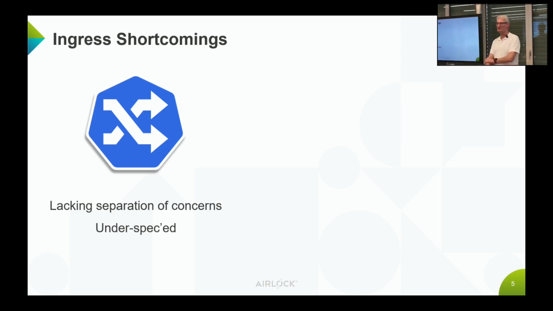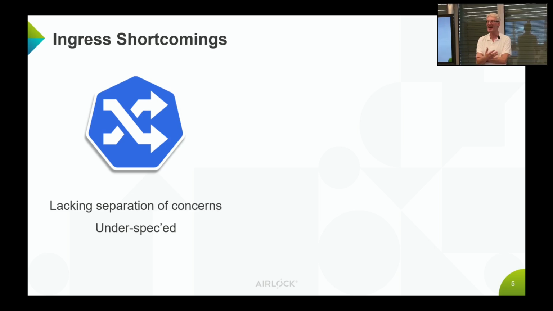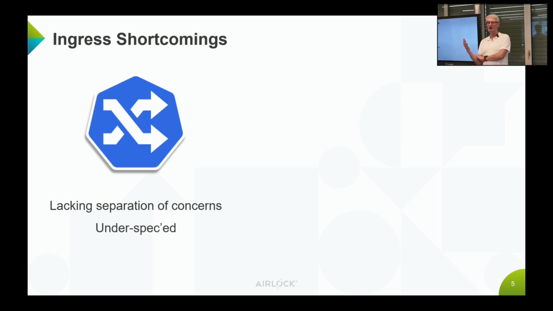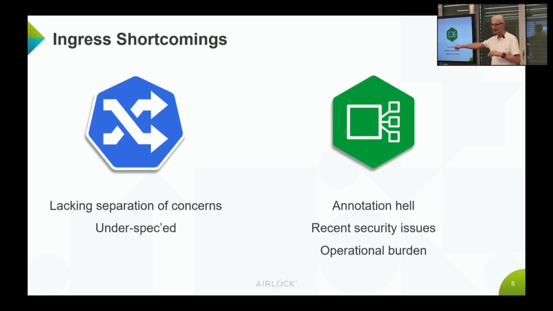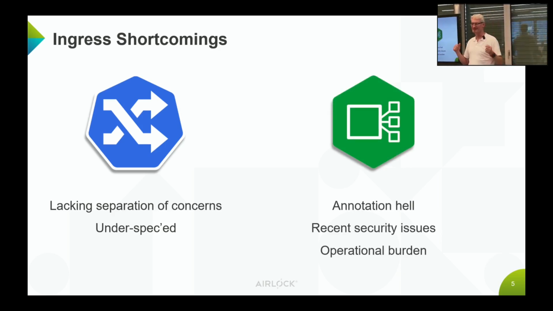Also, it is underspecified. It doesn't have all the functionality that it really needed. And you experience that in all the annotations that you use with Ingress. For every different implementation, there are different annotations for the same functionality. And that's annotation hell. I wouldn't want to really use that.